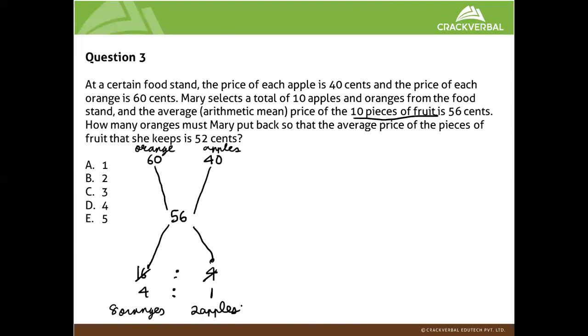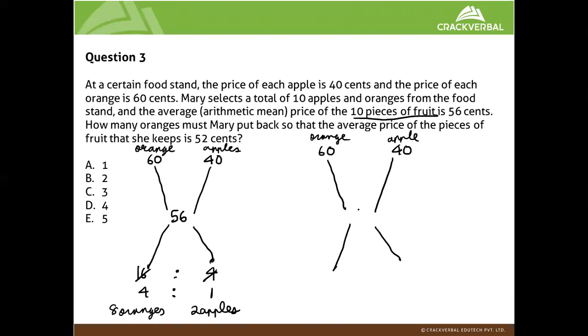But what happens now is the question asks me, how many oranges must Mary put back so that the average price of the pieces of fruit that she keeps is 52 cents? So I want the average price to reduce to 52 cents. But the price per orange and the price per apple is not going to change. The price per orange is 60 cents. The price per apple is 40 cents.